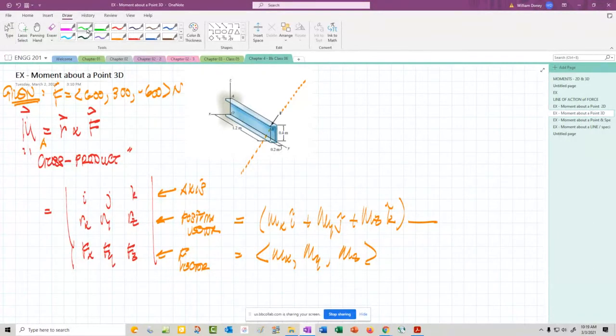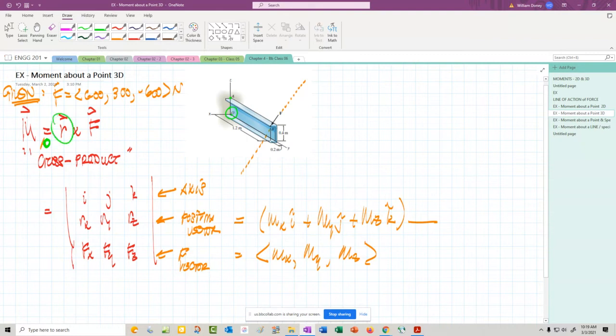So what we're trying to find is the moment at A, and A is drawn right here on the top. Actually, let's find about O. Let's start out by finding about O, just to simplify things because I don't have everything on this drawing. So the moment about O is going to have a position vector that goes from O to the force.